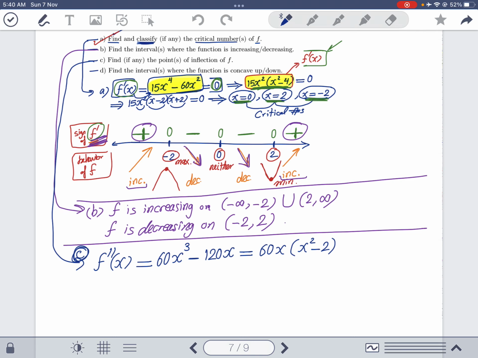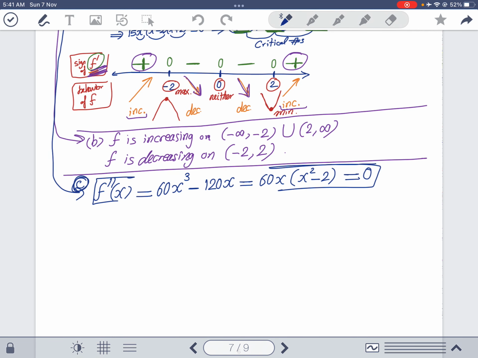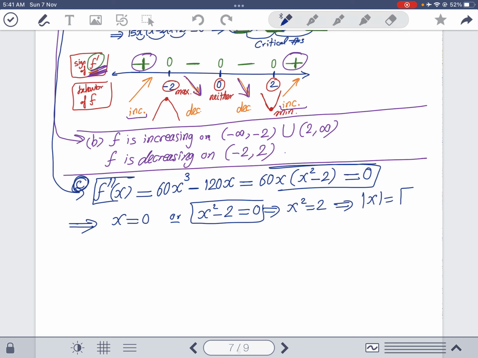And you set this equal to 0. So f double prime, you set it equal to 0 and check, because the inflection points will be among the points where f double prime is 0. If you set it equal to 0, it will imply either x is 0 or x squared minus 2 is 0. But x squared minus 2 is 0 implies x squared is 2, which implies that the absolute value of x is radical 2.